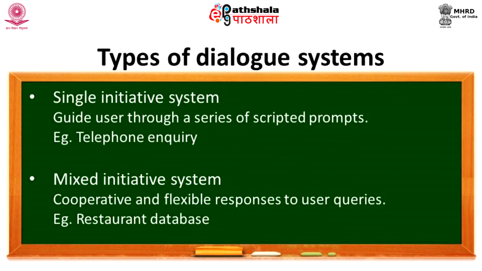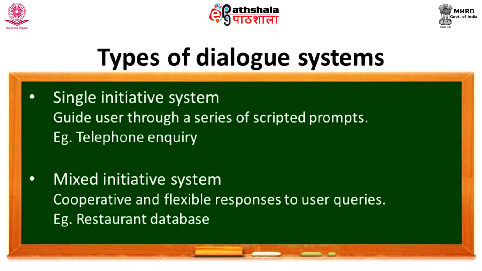We can divide dialogue systems into two types: single initiative systems and mixed initiative systems. In a single initiative system, one of them, say the human or the system, guides the user through a series of scripted prompts. So here the system is basically asking questions and the user is providing answers.